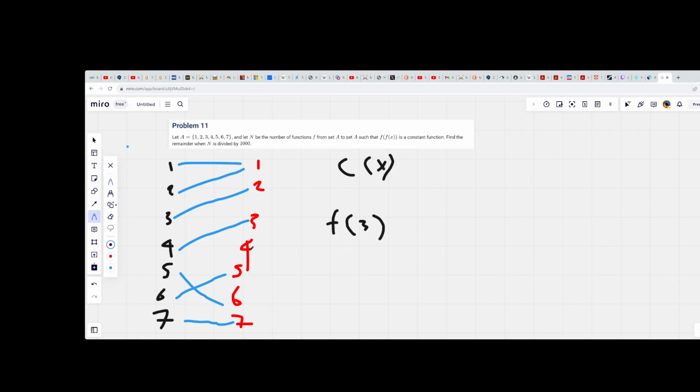We don't really know how that's mapped yet, but let's say just for fun that f of 3 is equal to 5. And let's say my constant value is always 1, so that c of x always equals 1. Then what I know for sure is that f of 5 must be equal to 1. Okay, so that was my initial thought.